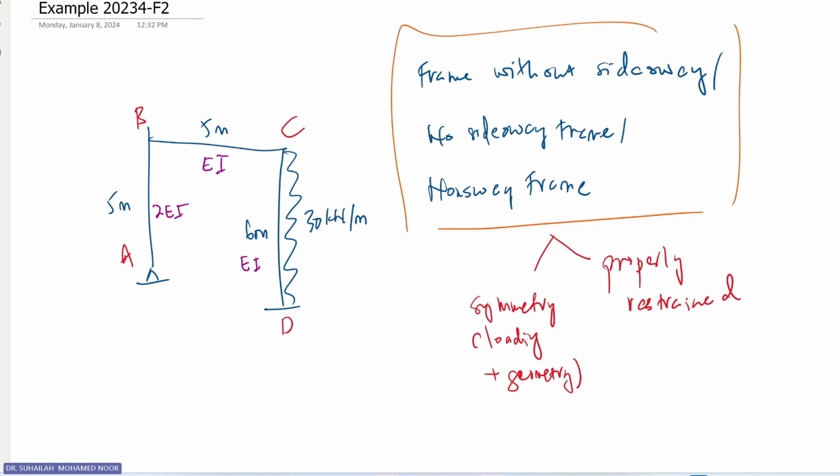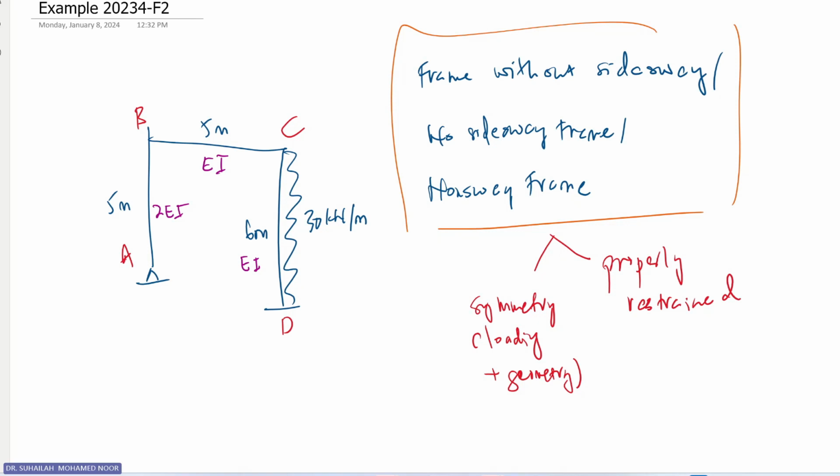We have to change this original frame to a properly restrained frame, and then we can calculate FEM due to 30 kilonewton per meter, the W only, without delta. Originally, it has delta and external loading. And we have table number 2, which is the frame with side sway only.